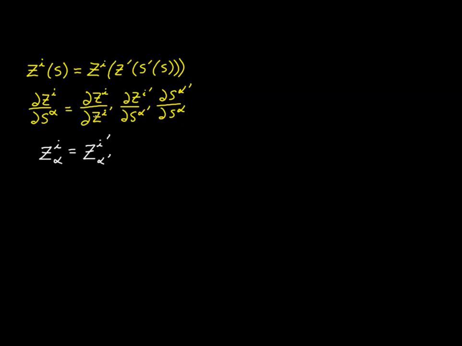Now the first factor is recognizable as our Jacobian. This is the Jacobian that we defined for our ambient coordinates, j, i prime. And this last factor is also the Jacobian, but it's the Jacobian as defined in our surface coordinates. So this is alpha prime alpha.